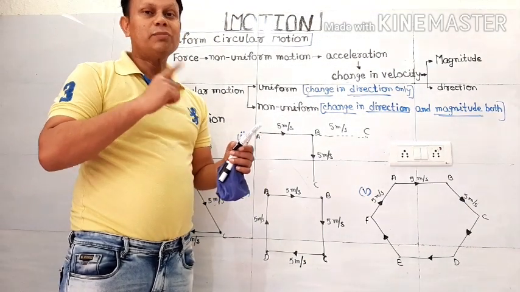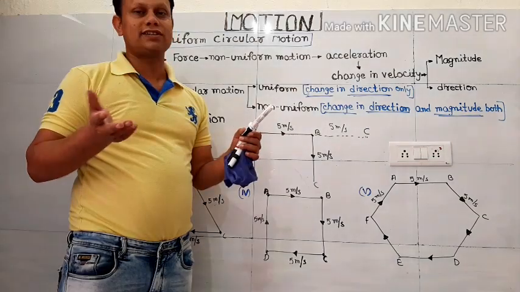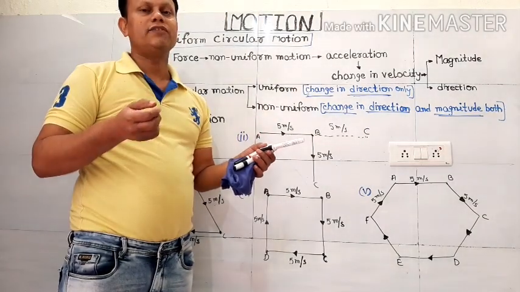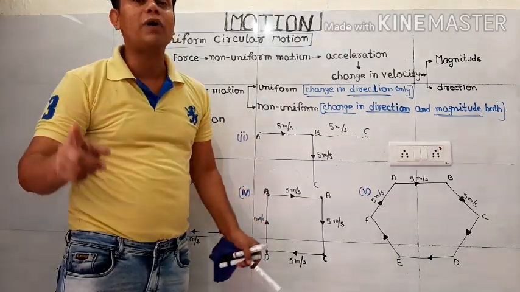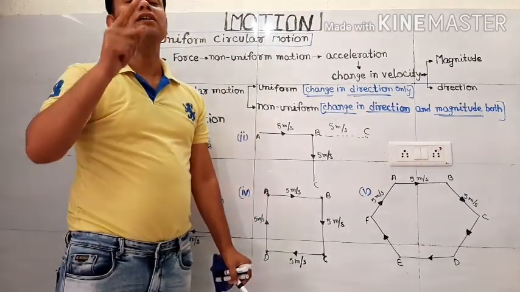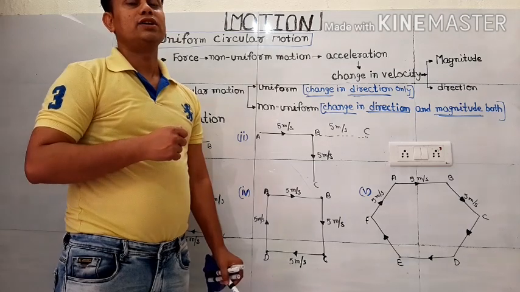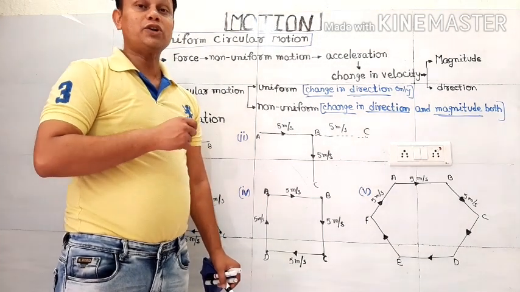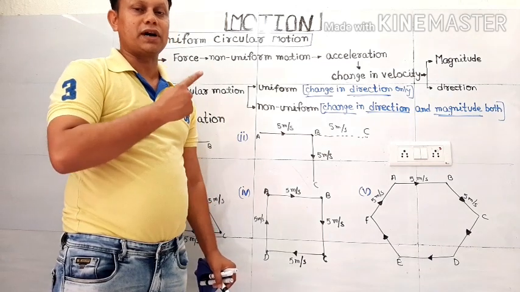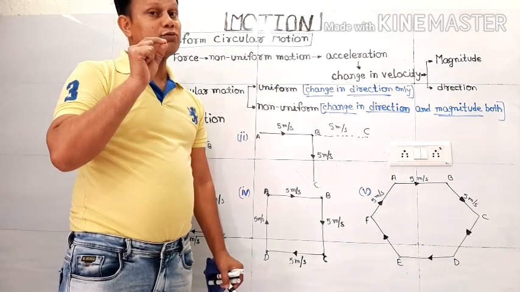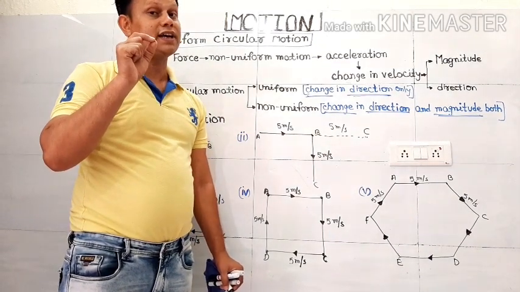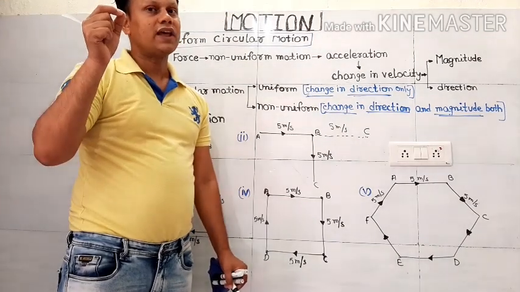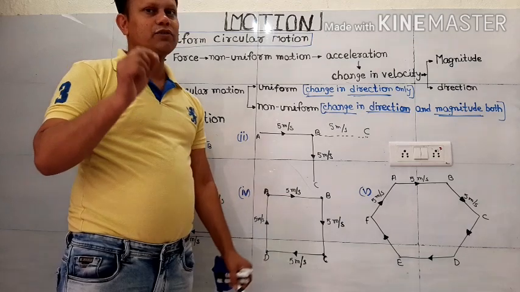So ultimately, if you keep on increasing the turns and corners of the path, we finally come to what kind of path? We will come to the circular path. Moving ahead to the concept of circular path. On a circular path with n number of sides, that means infinite sides, so infinite turns, and as we observed, for every turn we require force.